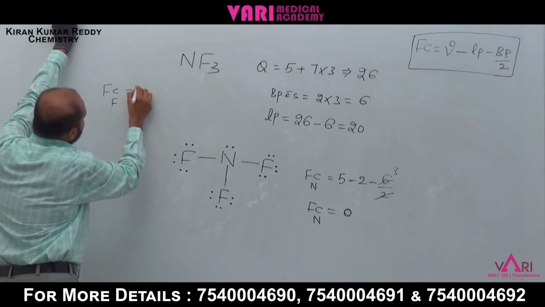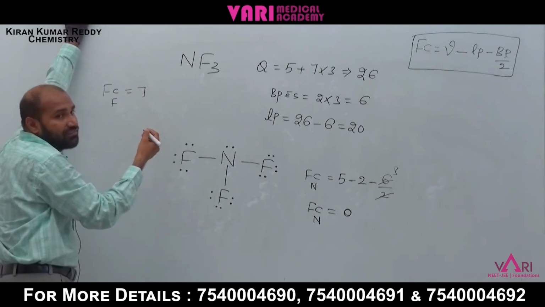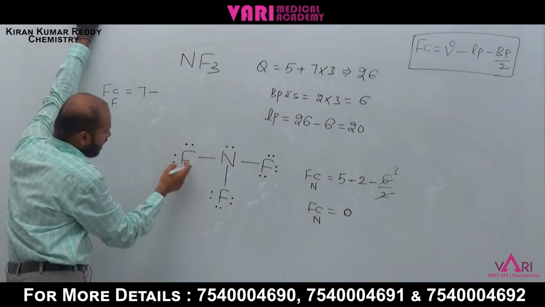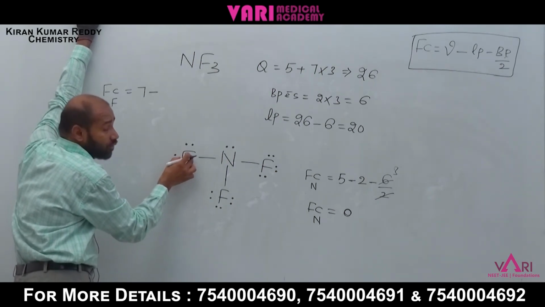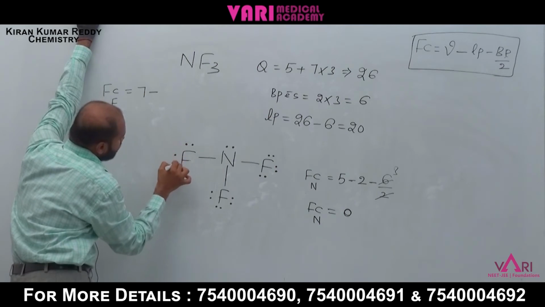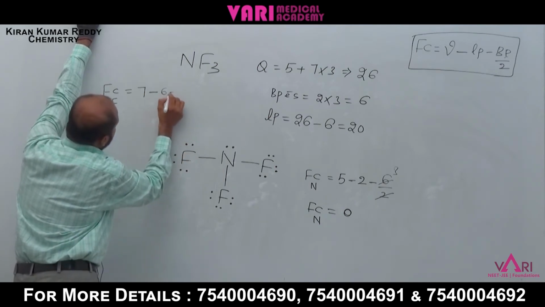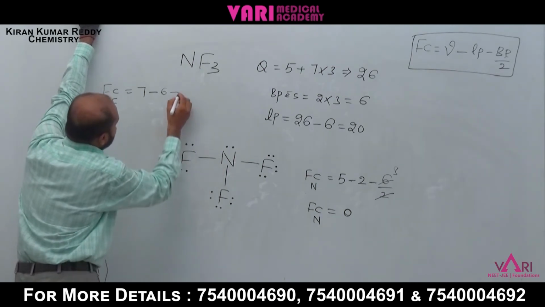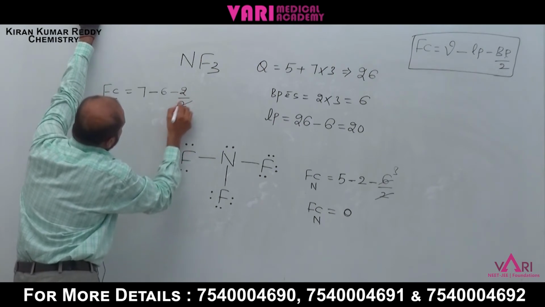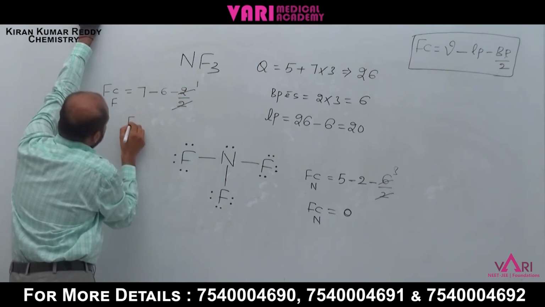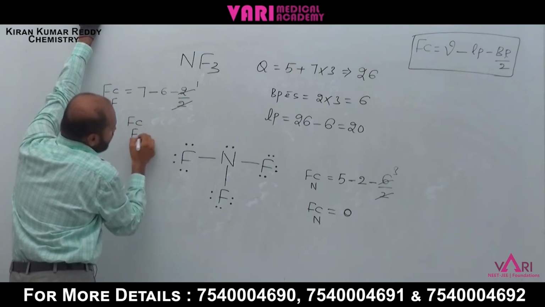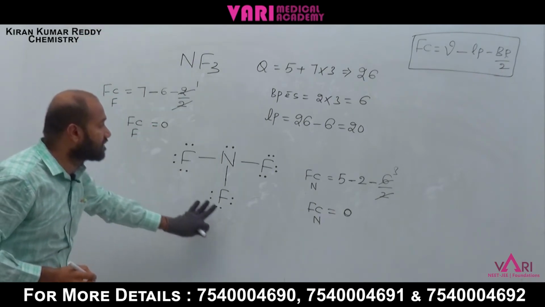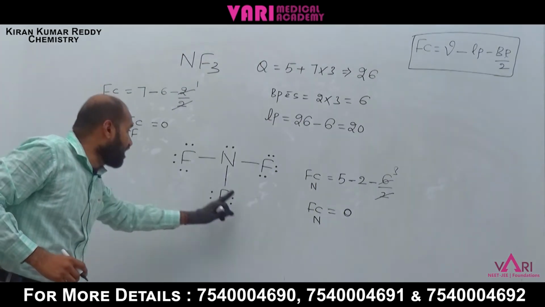How many valence electrons does fluorine have? 7, the 7th group. 7 minus lone pairs: 1, 2, 3, 4, 5, 6. 6 minus bond pairs: 1 bond only, 2 into 1 is 2, 2 by 2 is 1. So 7 minus 7, the formal charge of fluorine atoms is 0. The formal charge of all fluorine atoms is 0. That's why this is the Lewis dot structure of NF3.